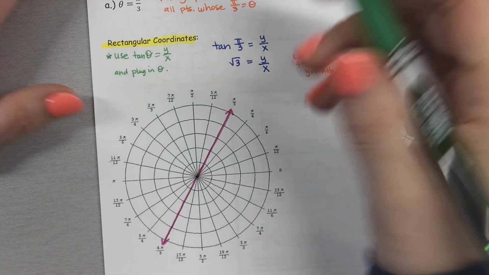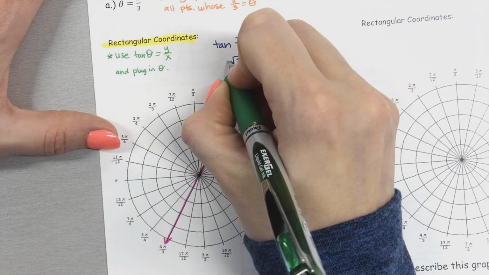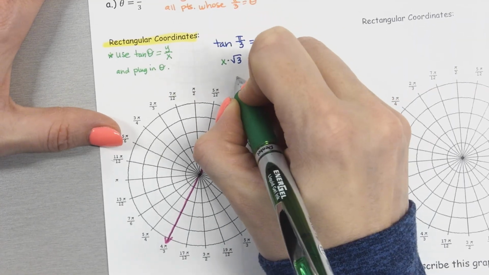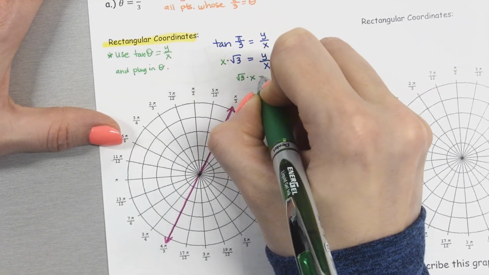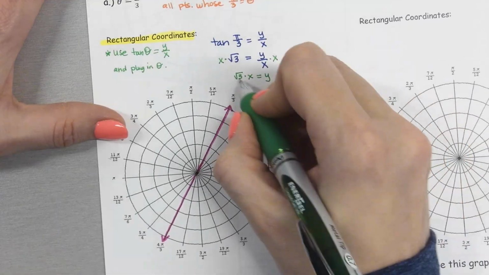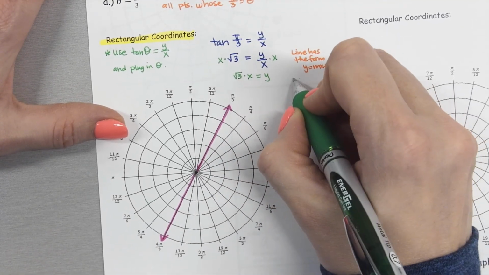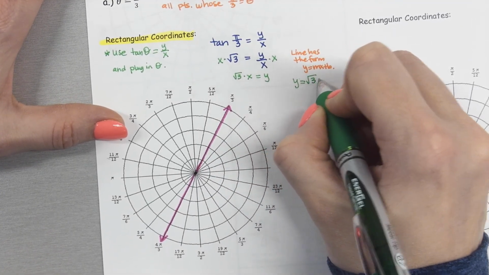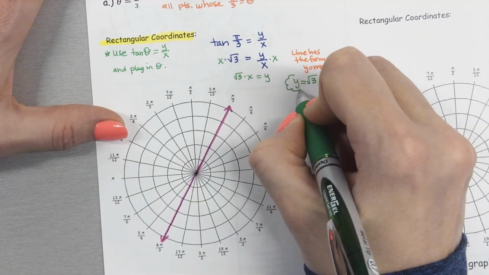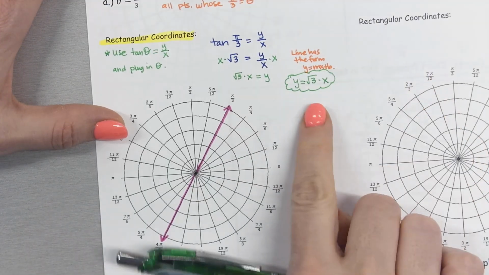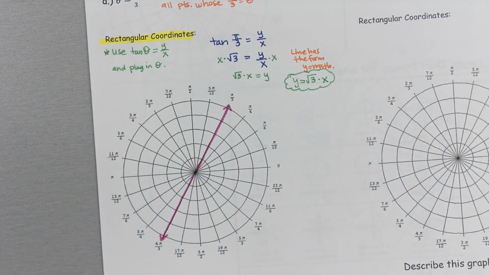Yeah, multiply both sides by x. So if I multiply both sides by x, I have root 3 times x equals y. You can leave it like that, or if you want to put the y on the left side, you can. Okay, these are the rectangular coordinates. Okay, so sometimes your slope might be a radical. That's okay. In the polar coordinate world, that is fine.